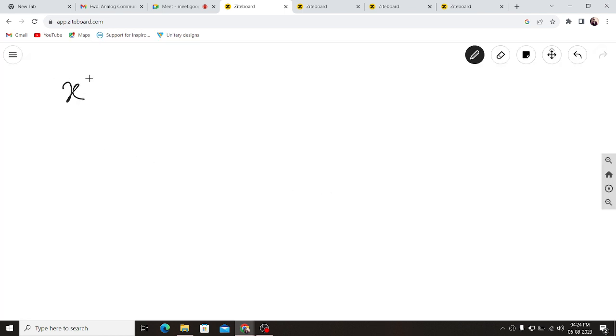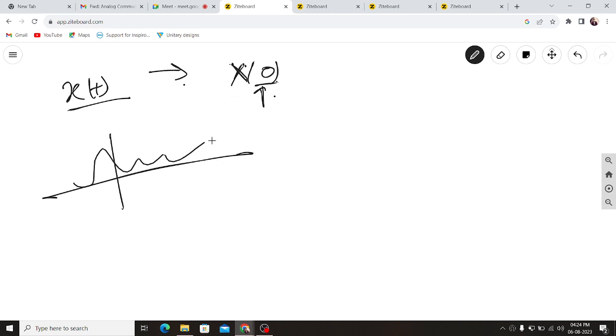Okay, the question asked was: you have a signal x(t), and you have to find what is the value of it in the frequency domain. The frequency domain will also have that type of signal.